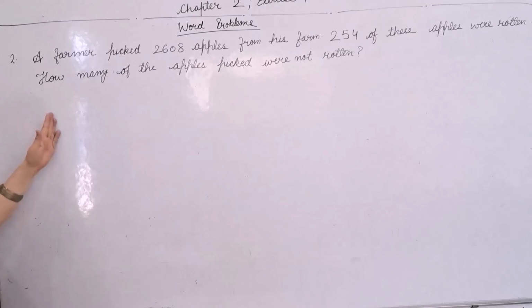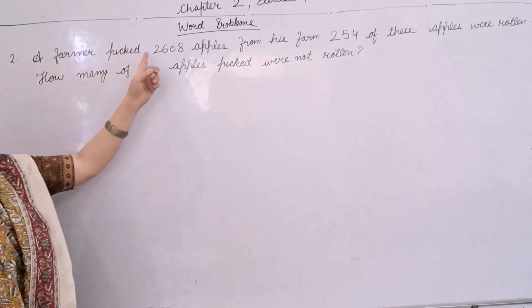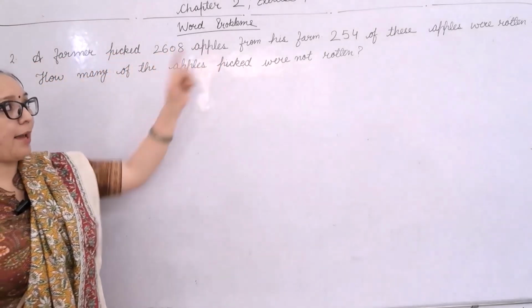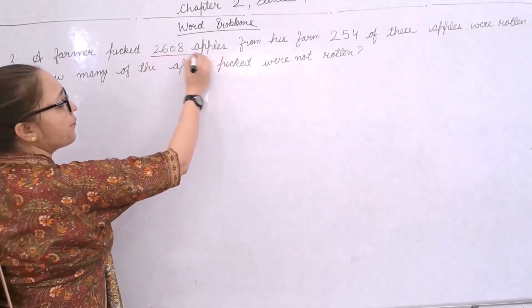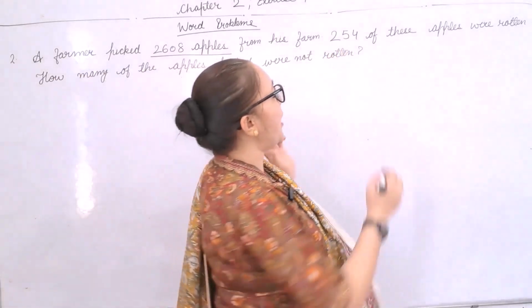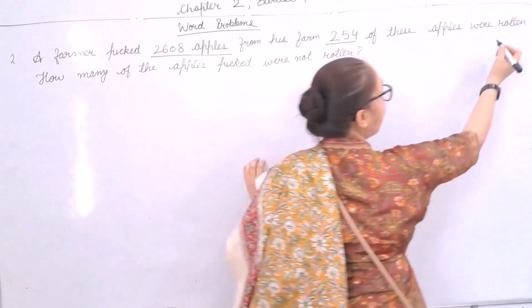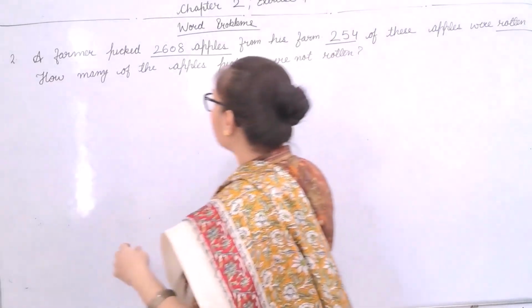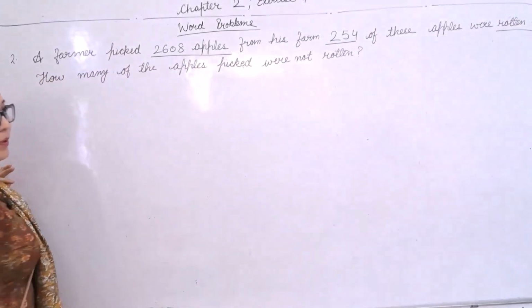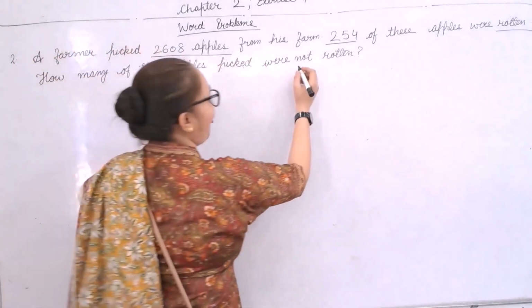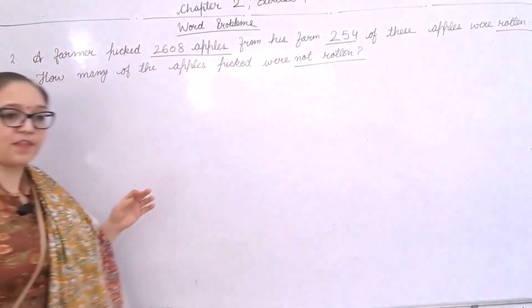Let's read the statement first. A farmer picked 2,608 apples from his farm and 254 are rotten. So how many of the apples picked were not rotten? So there are three things.